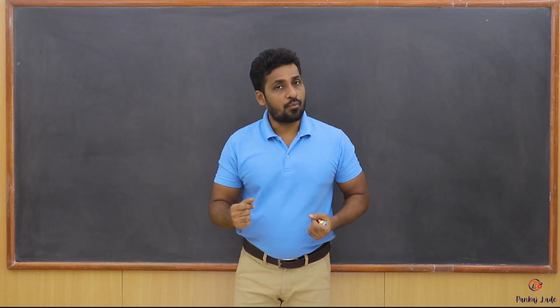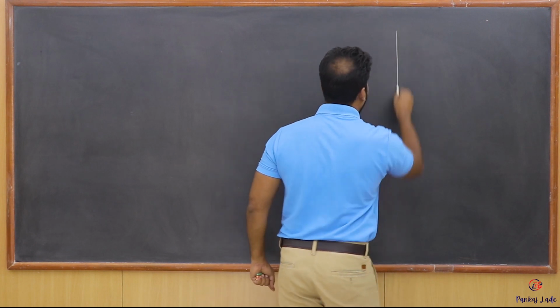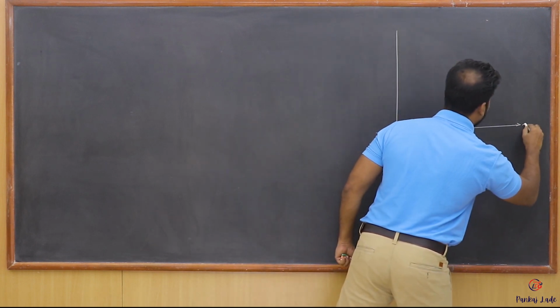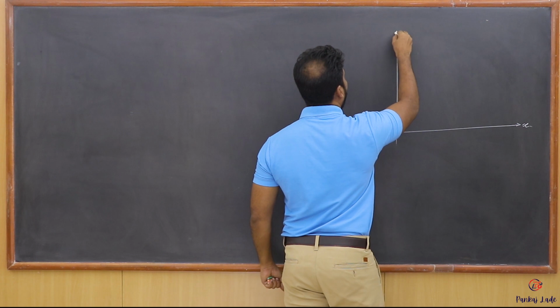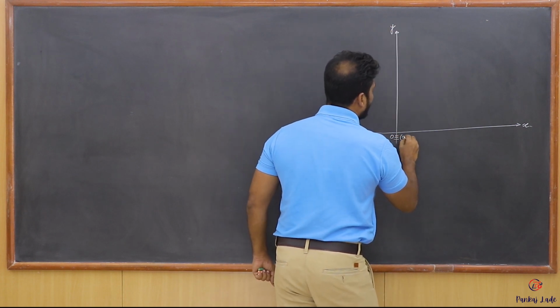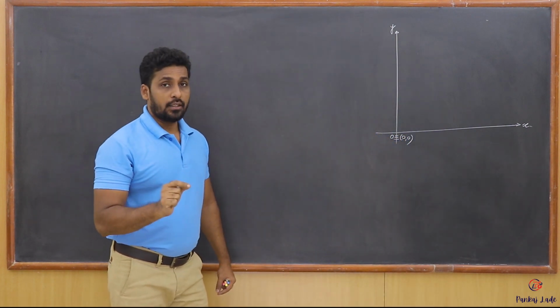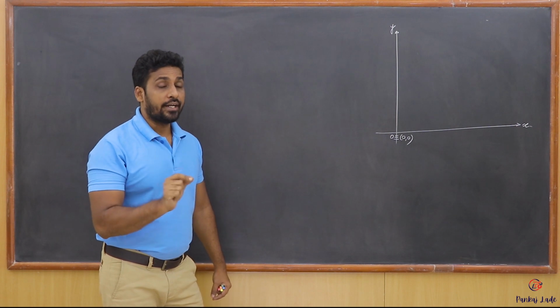Let's understand this with the help of a diagram, students. So if I have the x-axis and the y-axis, and point O is the origin whose coordinates are 0, 0. Now, I'm using small letters for the old coordinate system.